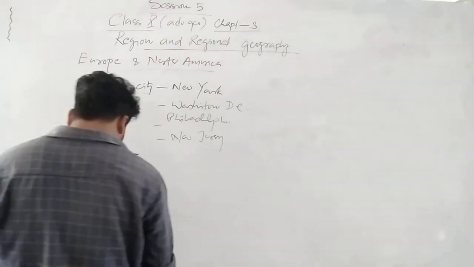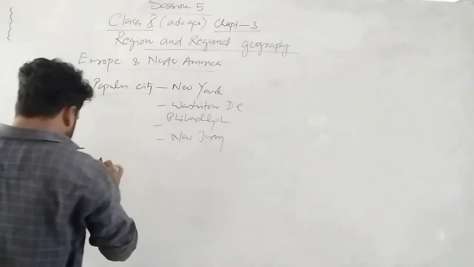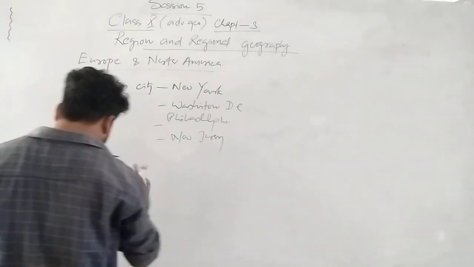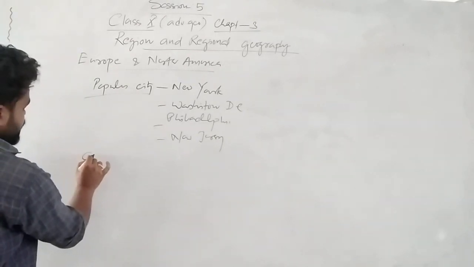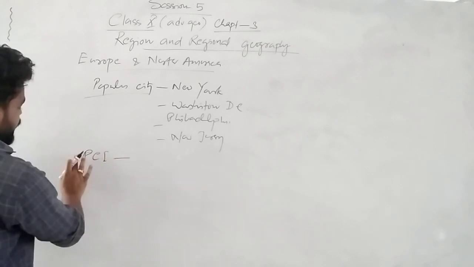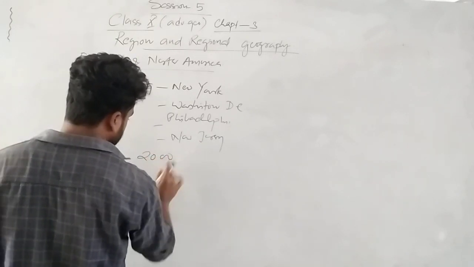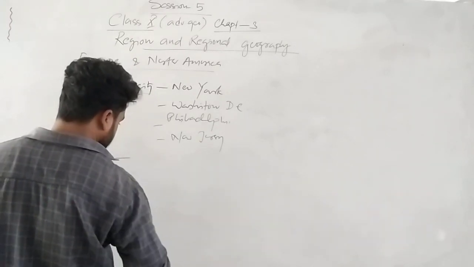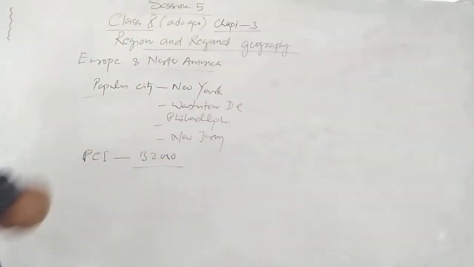Okay. So nothing more, just the last thing, per capita income, PCI, we have to see. Per capita income is simply around 20,000. Sorry. 32,000 per capita income. Okay.